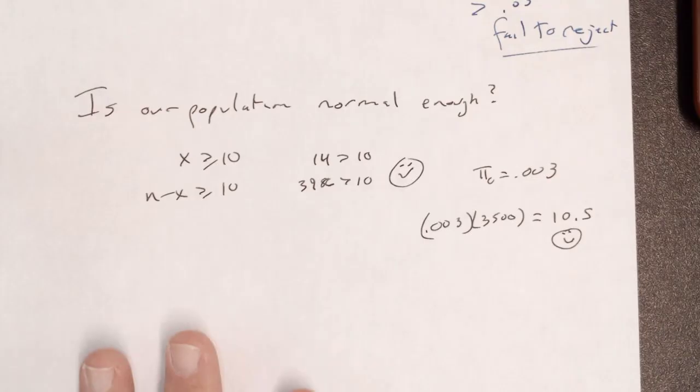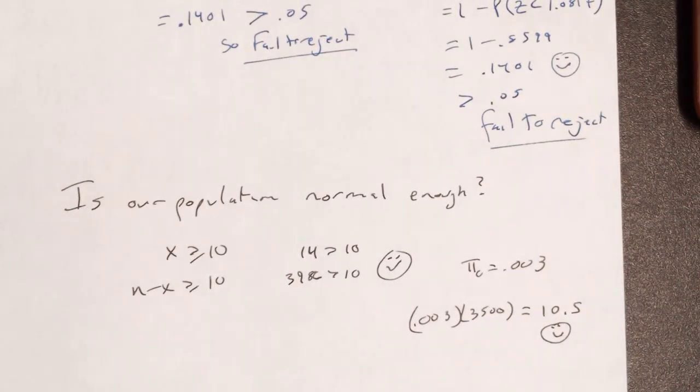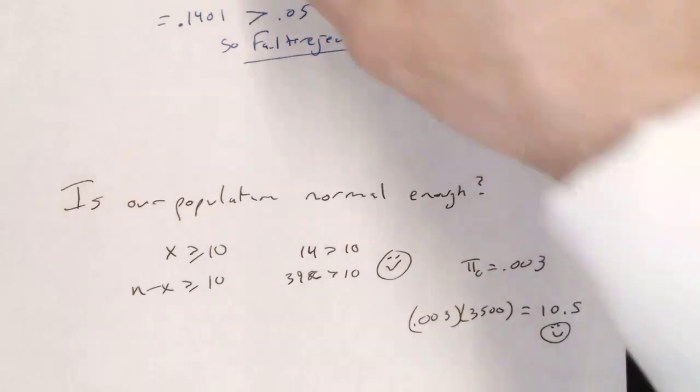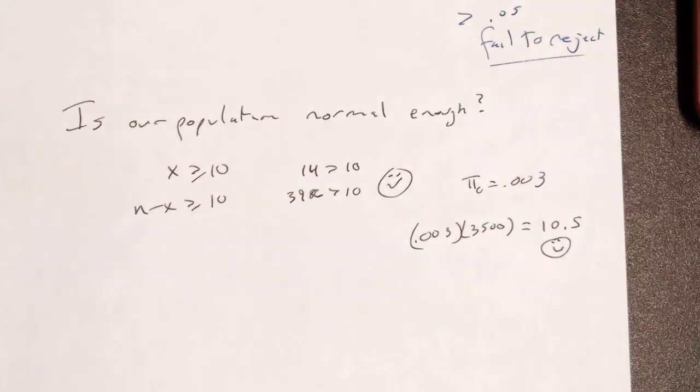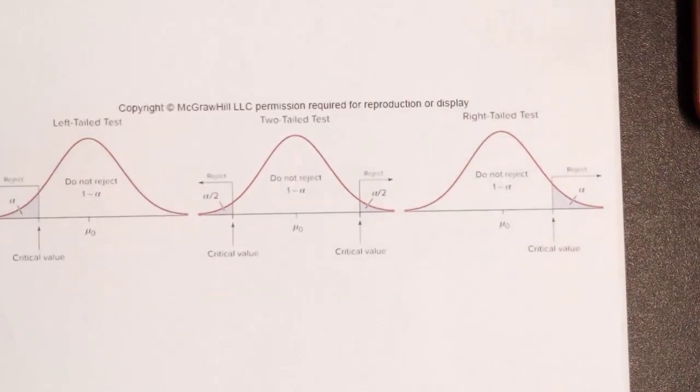When my p-value is small, I will reject. When my p-value is big, I'm failing to reject. In this problem, we either looked at a left tail or a right tail, we didn't look at a two-tail. When I do a two-tail, notice what it shows in that picture.